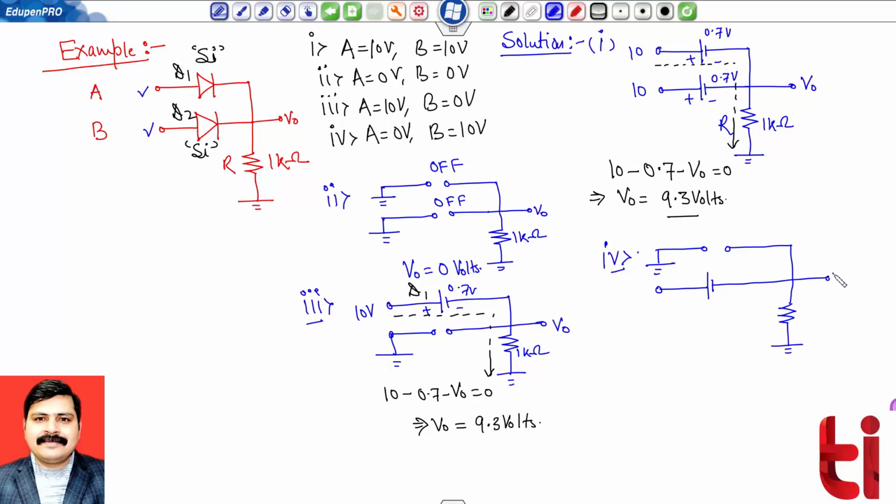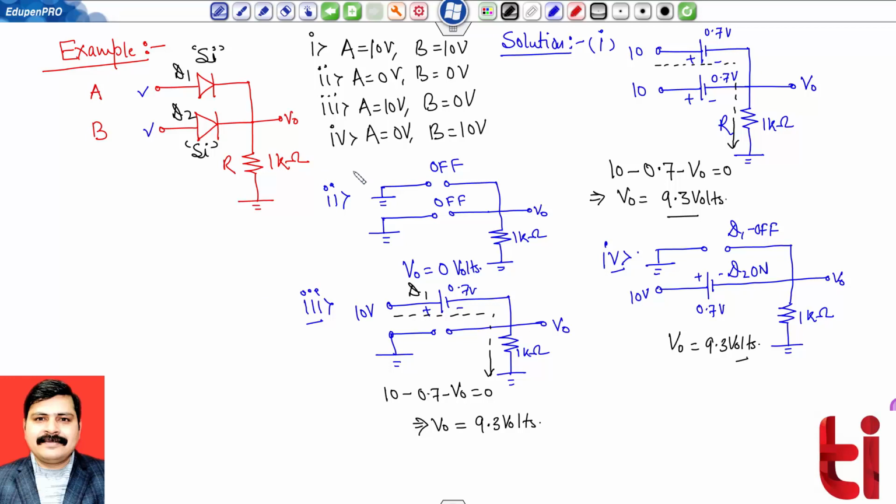Now I will take output across here. D1 is off, D2 is on with a drop of 0.7 volt, as 10 volt was connected here, 1 kilo ohm. With similar terms, I will have V naught equals 9.3 volts.